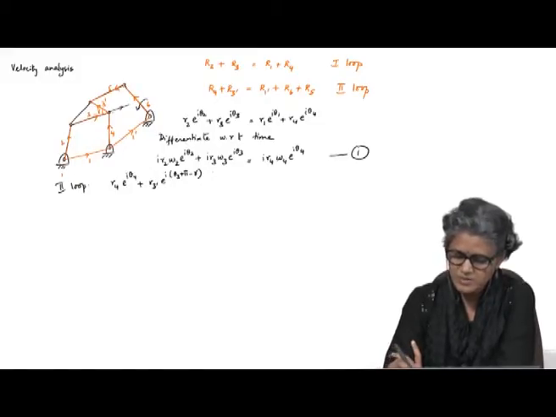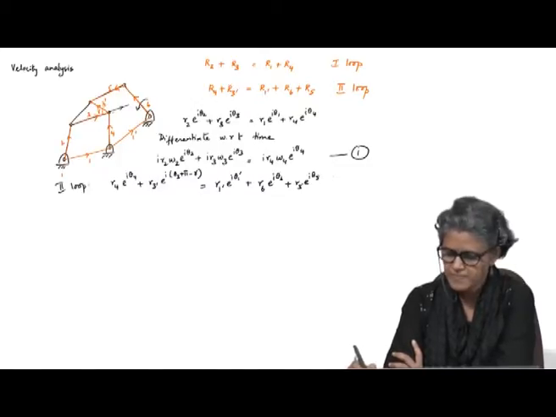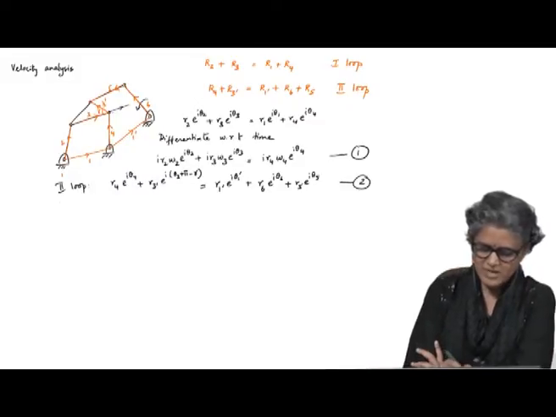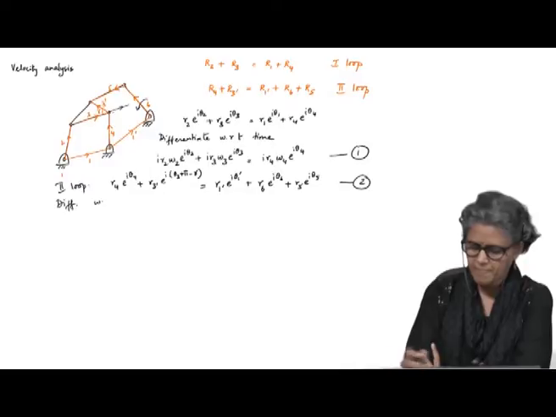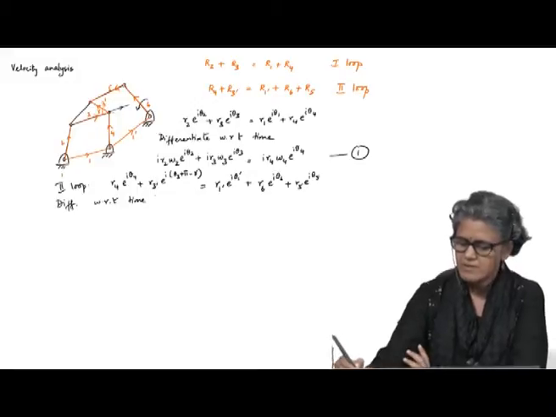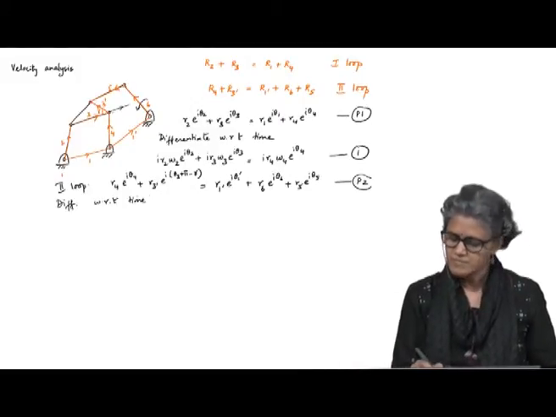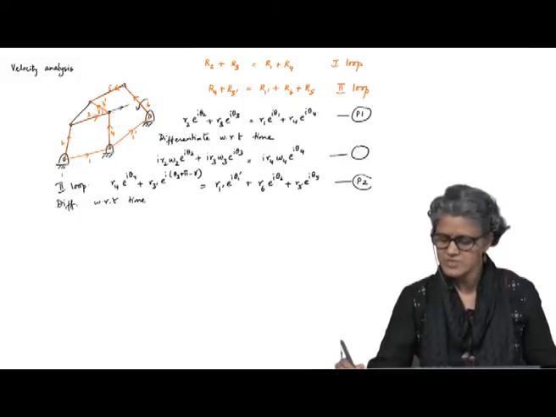This is equal to R1 dash e power i theta 1 dash plus R6 e power i theta 6 plus R5 e power i theta 5. Okay, this is the position, first equation for the position, second equation for the position. This is the first equation for the velocity.